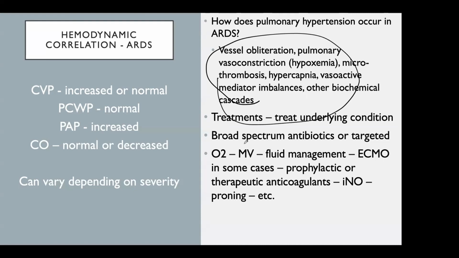PT, OT, somebody goes in there, you flip them and prone them, and the next thing you know, you're just getting gobs of stuff out. So proning definitely has a physiological and somewhat of a mechanical benefit to the patient a lot of the time. Even during COVID, we were asking patients to prone on 5 liters or more. We'd ask them to prone, and they did pretty well with that.